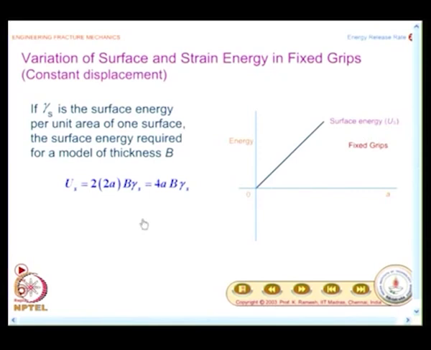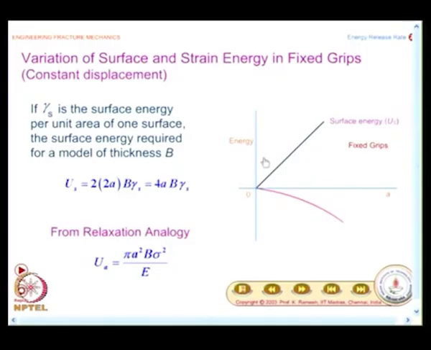We have already got the result of what is the strain energy in the presence of a crack, which is a second degree curve. You have already got that as U_a equal to pi a squared B sigma squared divided by E. This is plotted in this fashion.